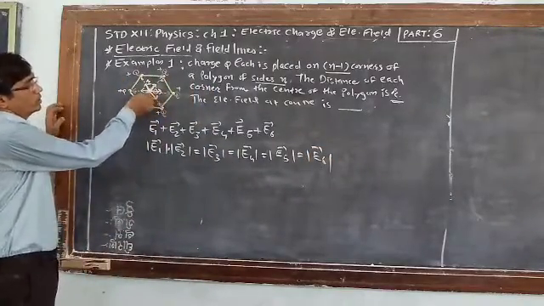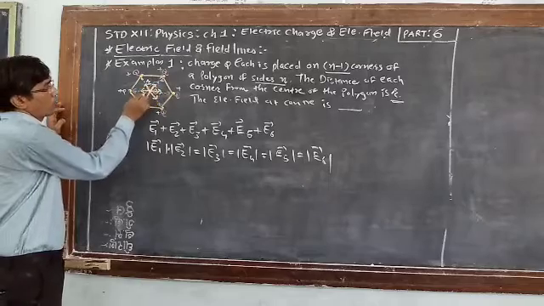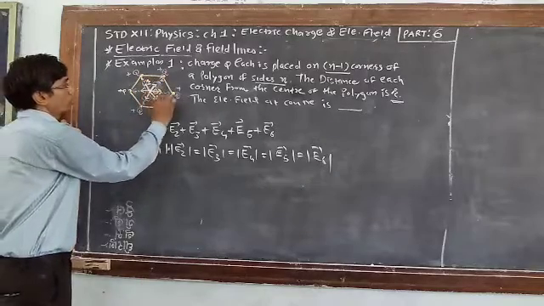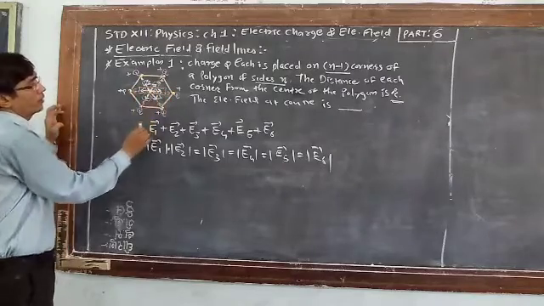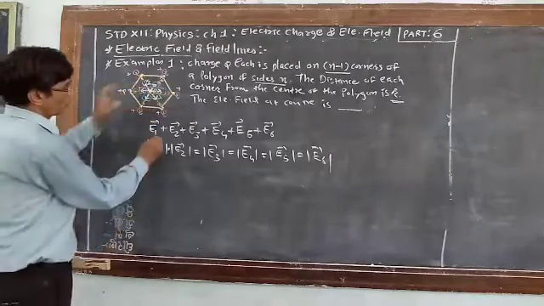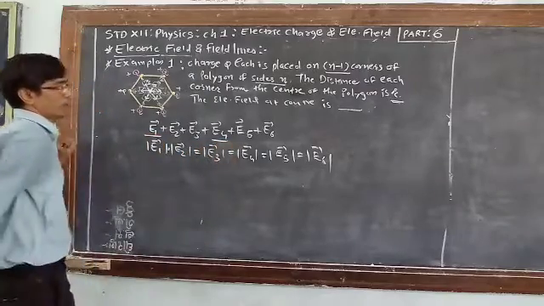Here these electric fields are opposite to each other, and the resultant of E1 plus E4 is 0.